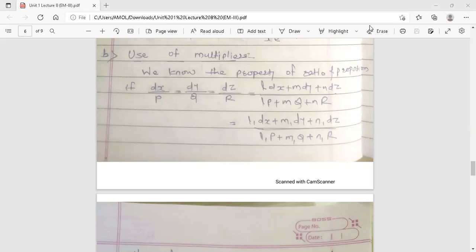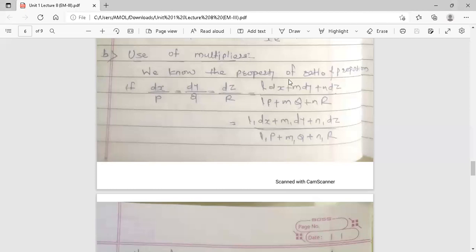Now, how do we find the solution for symmetrical simultaneous differential equations using multipliers? We know the property of ratio and proportion. The form of a symmetrical simultaneous differential equation is dx/p = dy/q = dz/r, where p, q, r are functions of x, y, z.